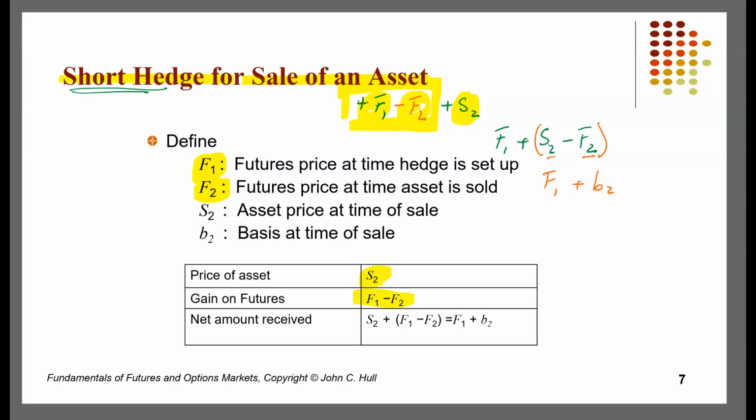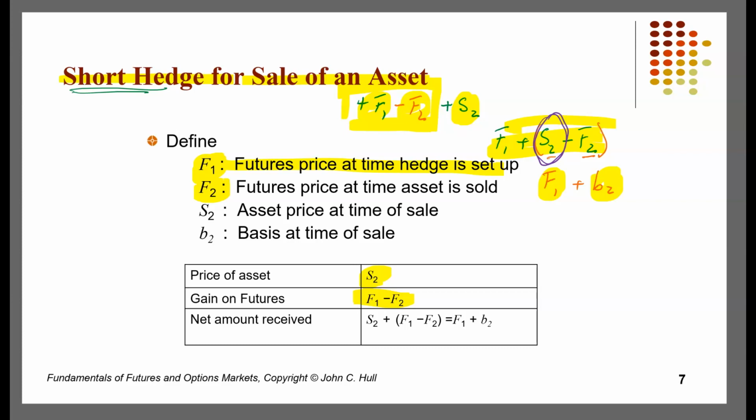When we put those two together and rearrange it just the way we did here, we end up with a relationship that says the outcome of that position is going to be F1, the futures price today when the hedge is set up, plus the basis. Now, basis risk really comes from the fact that the future price of the underlying is uncertain. That's really what we're trying to hedge against, because we don't know what the future price of the underlying is going to be.